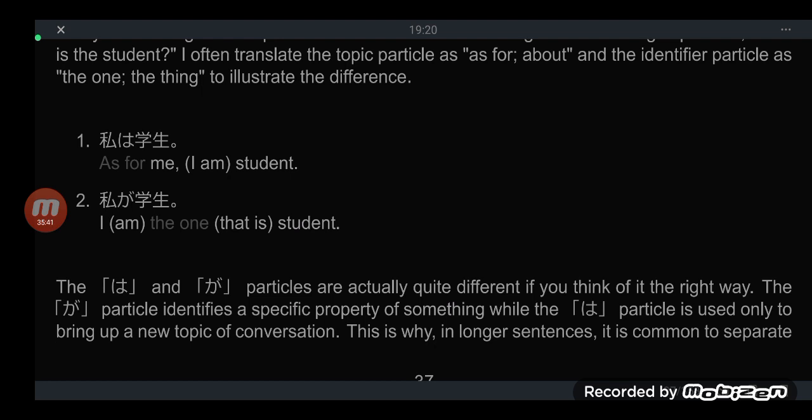And there are some combination particles like nimo and demo. So there are other particles and combination particles that we will deal with in intermediate lessons, in the mid part of this reference book.